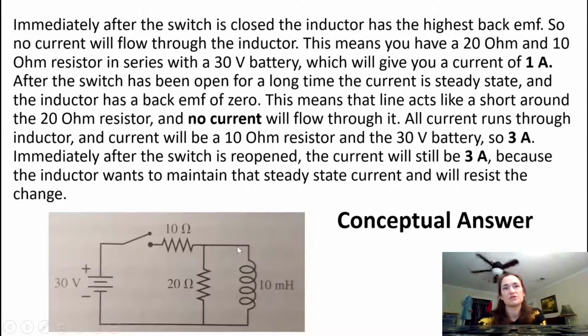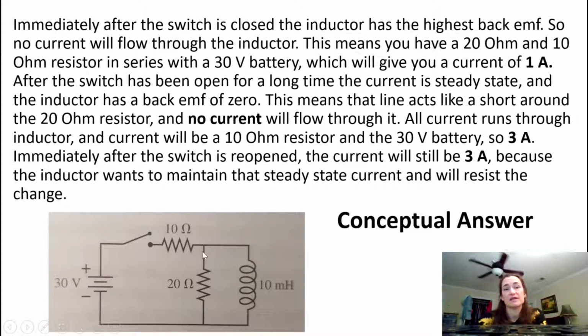And since we're assuming a perfect circuit with no resistance in the wires, which of course isn't true, but we are assuming that for this problem, there's going to be no resistance in the parallel branch that has the inductor in it. Well, if there's no resistance, then this acts like a short. It acts like a short around the 20-ohm resistor, and so it bypasses that 20-ohm resistor, and everything goes through that inductor.